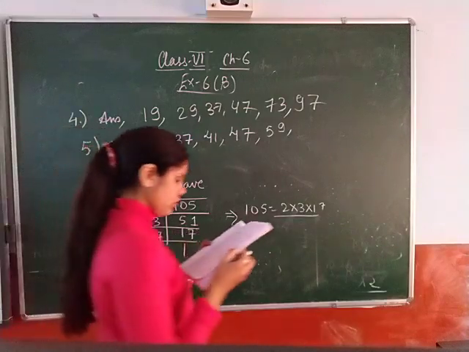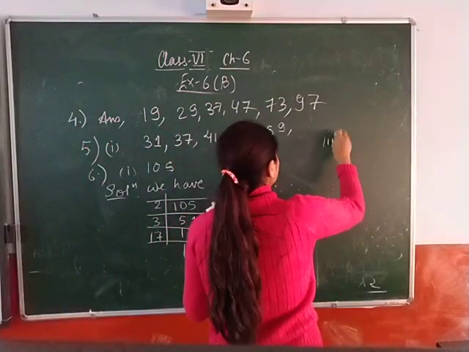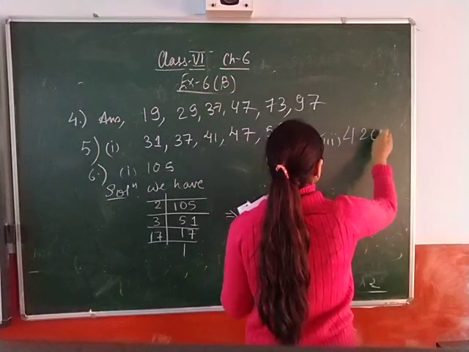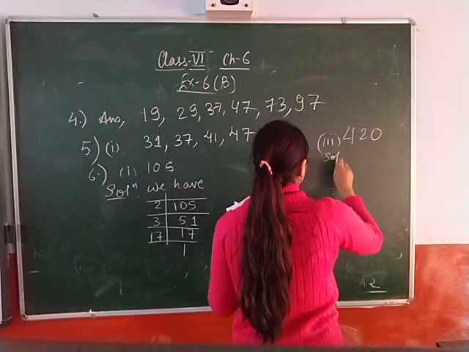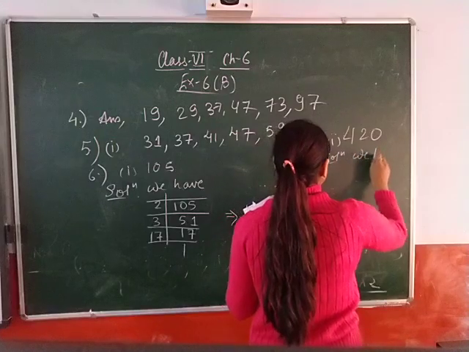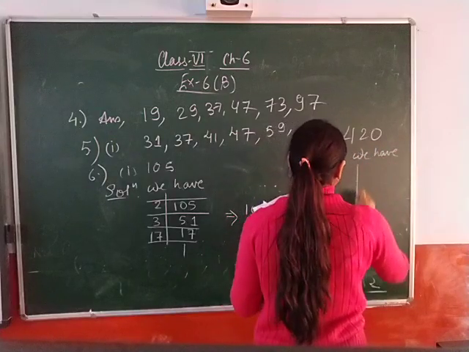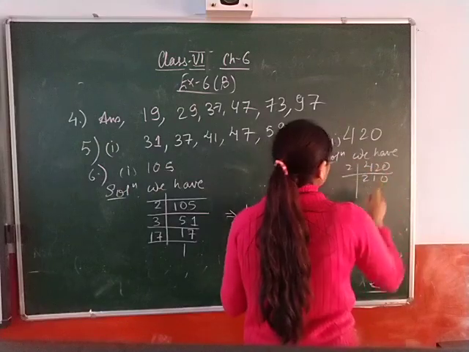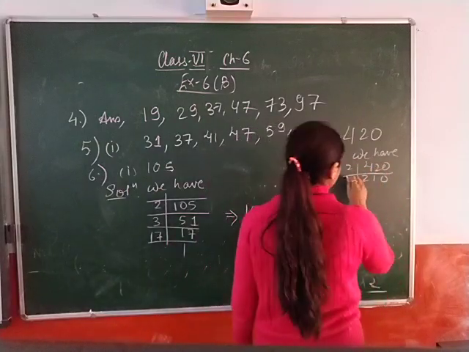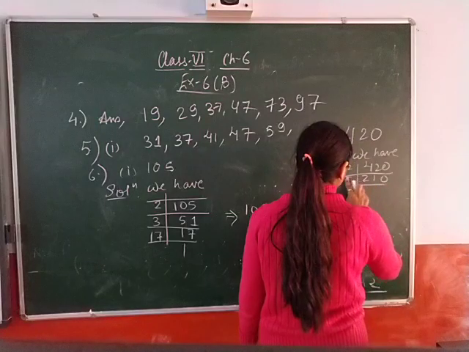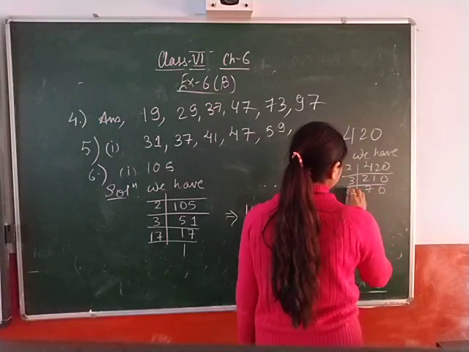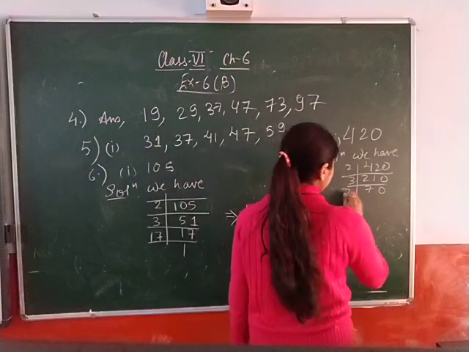Now I will do the third one, that is 420. The solution we have: 420. How will you do this? Then 3. Then you can divide by 7.